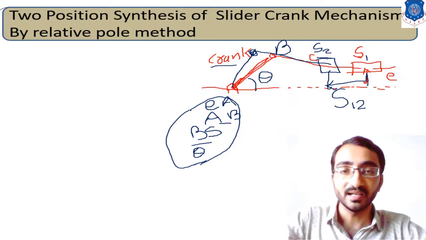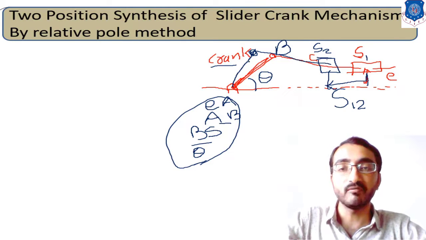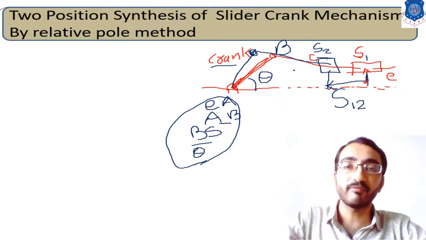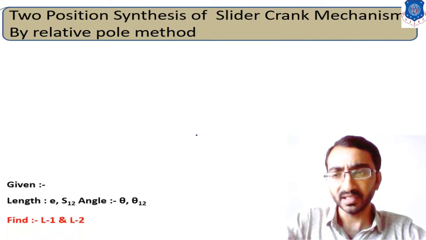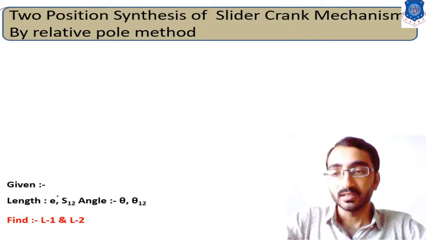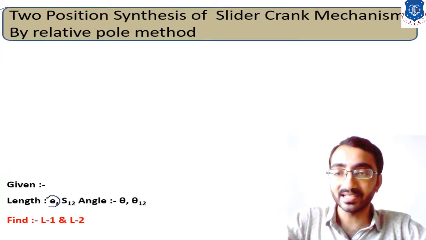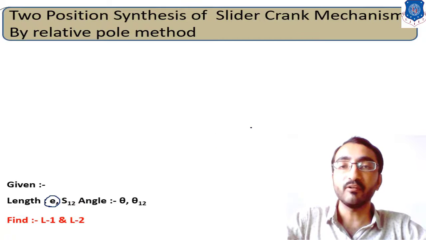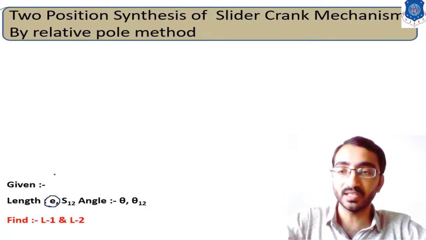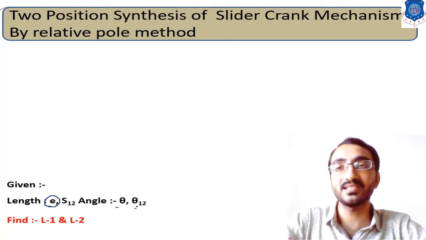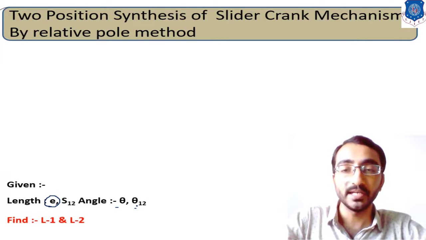So let's consider some input data, and with the help of this input data we will find the rest of the data. It is given that we have the eccentric distance between two lines of action, that is the path of the slider and the crank position. They have given this data as E, the eccentricity, then the slider 1 2 position is given, the input angle theta is given, and theta 1 2, that is the input angle from position number 1 to 2, is given.